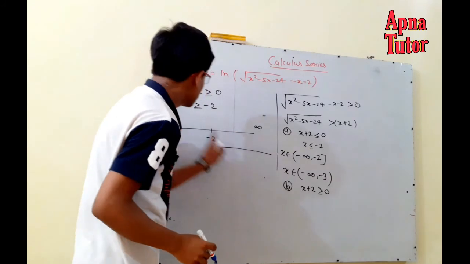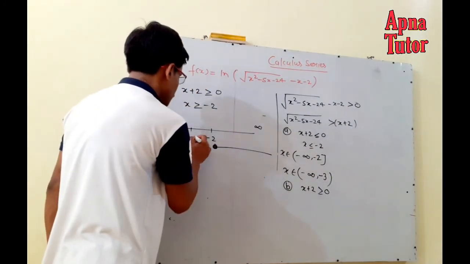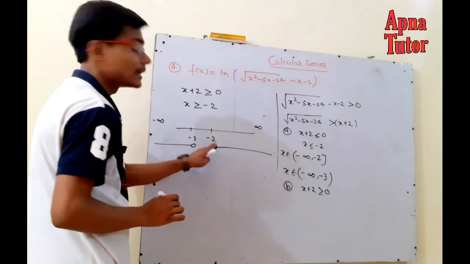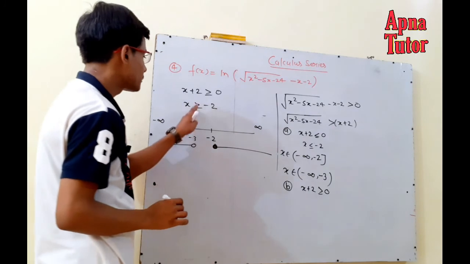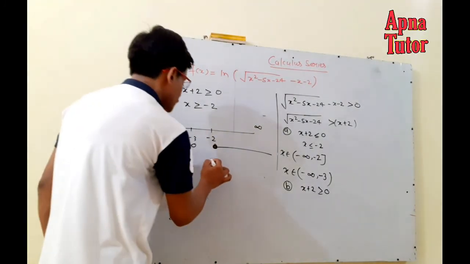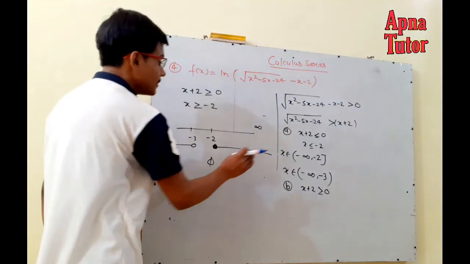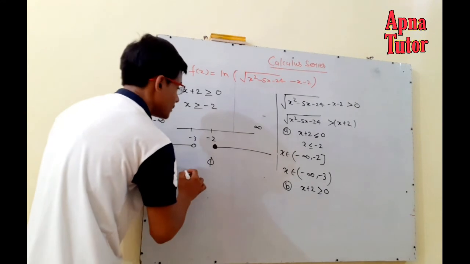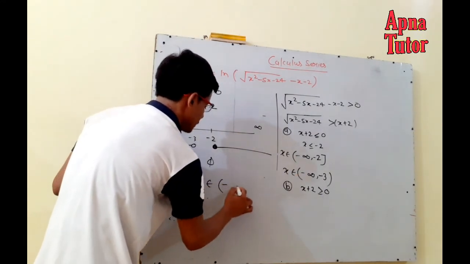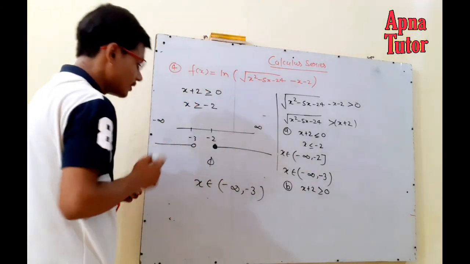When you take the intersection of this inequality with the earlier inequality, you will not get any result. So what will the final domain of this function be? x belongs to minus infinity to minus 3. This will be the domain of the function.